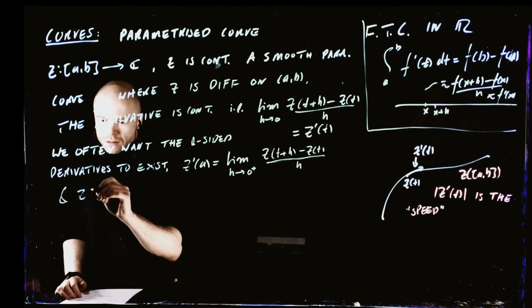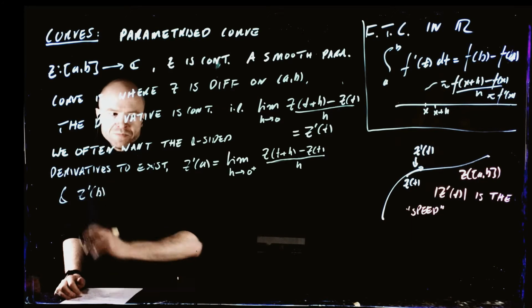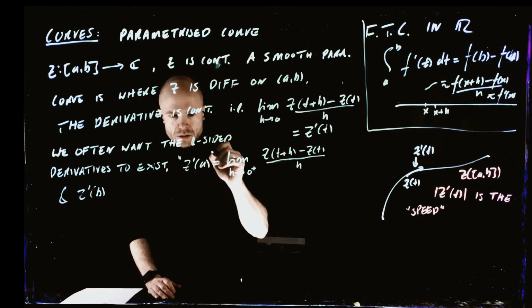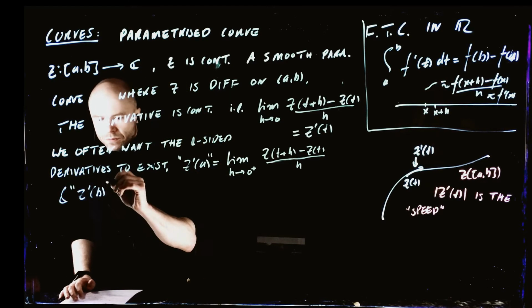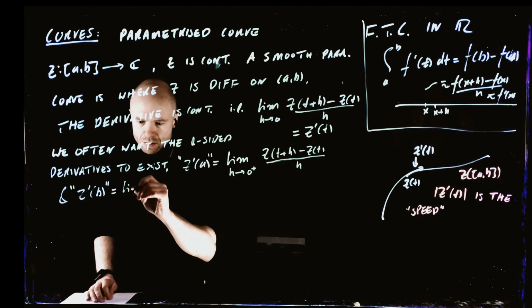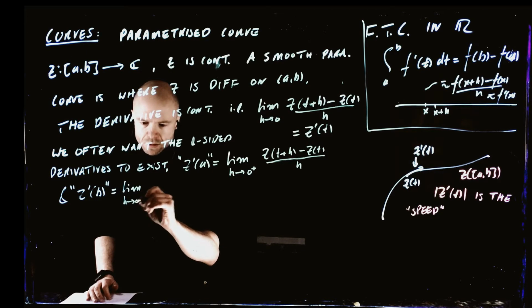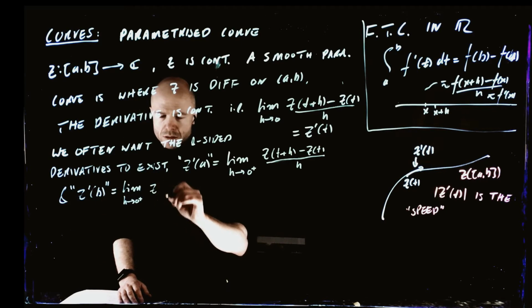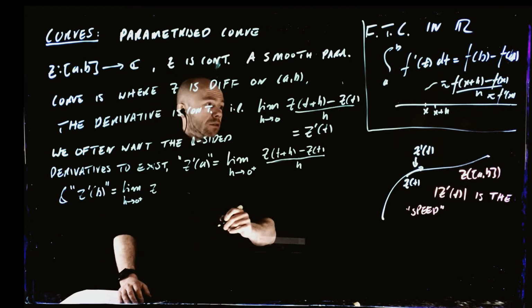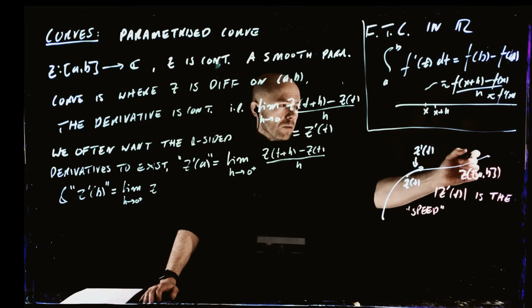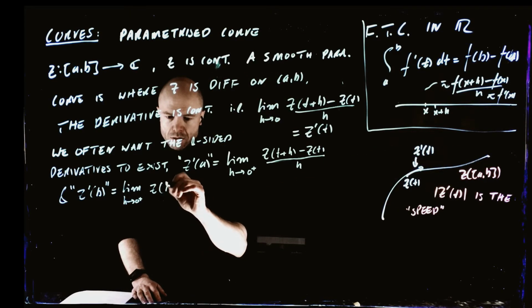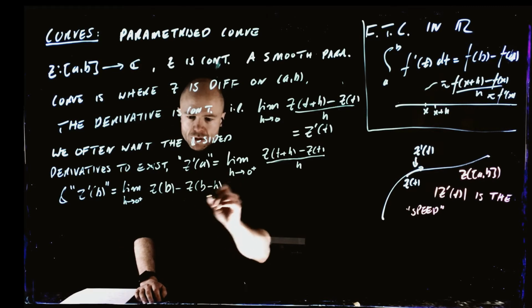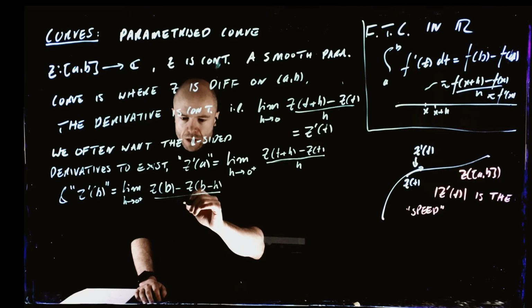And z prime of b, maybe I should put a quotation mark because it's not strictly a derivative. I like to write it like this. So let's again take h going to 0 from above, but now I want to write it like this: z of b minus z of b minus h, over h.